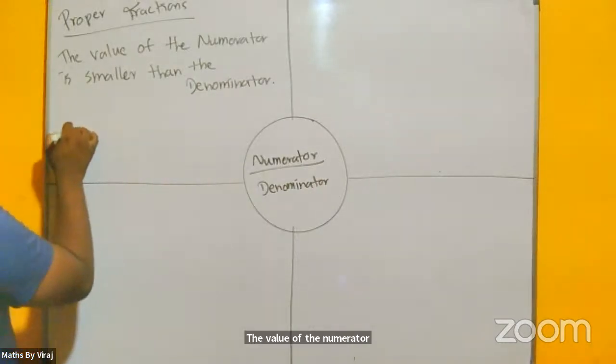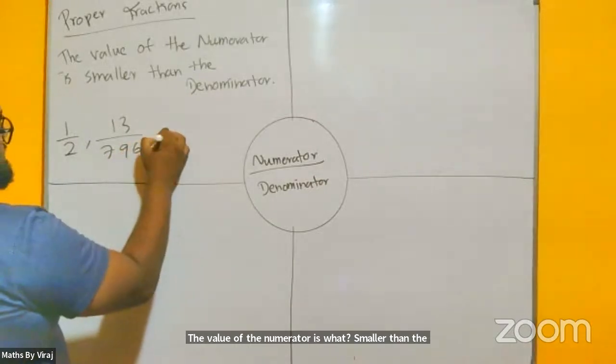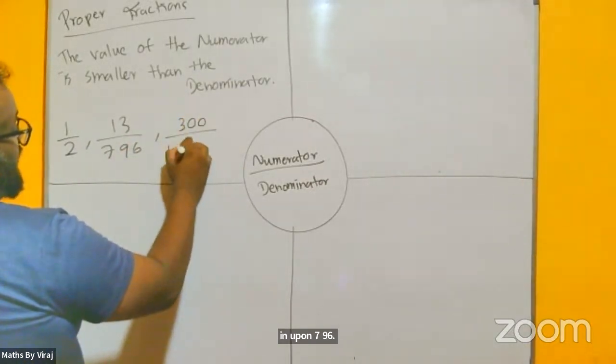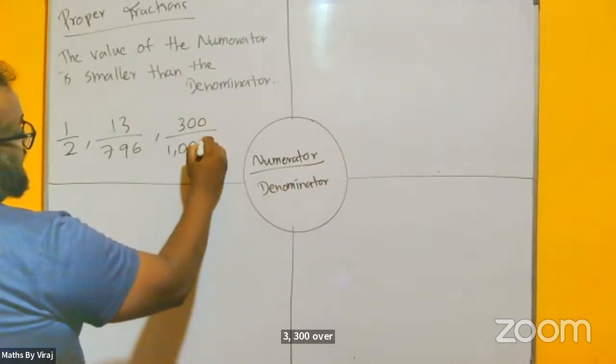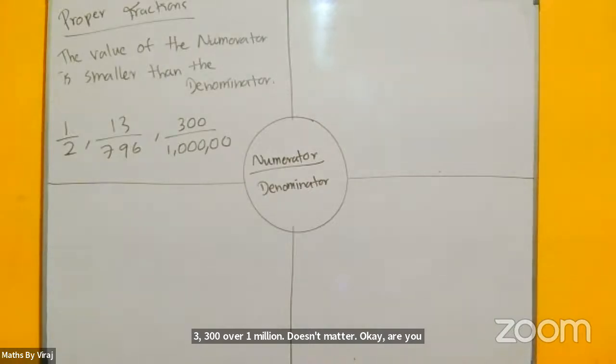Let's write some fractions. 1 over 2, 13 upon 796, 300 over 1 million. Doesn't matter. Either way, these are proper fractions.